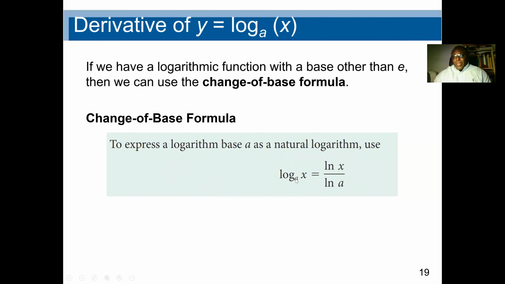So the base a here will be in the log of the denominator, and the value x here will be the log at the top. Again, this is one of the log function properties, change of base. Log base a of x is the same as natural log x over natural log a, or log base 10 of x over log base 10 of a.